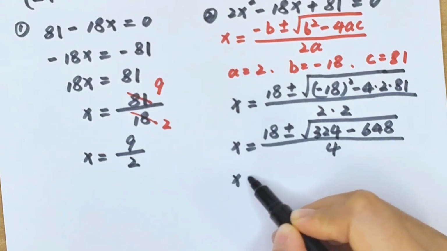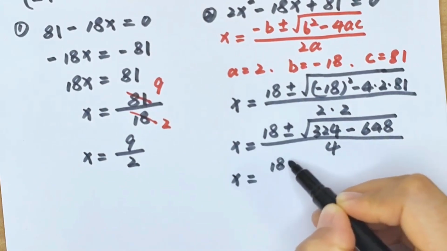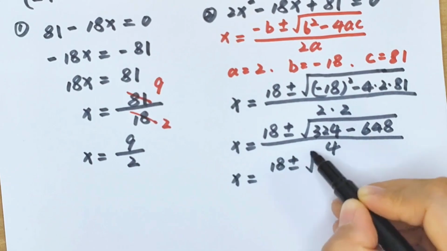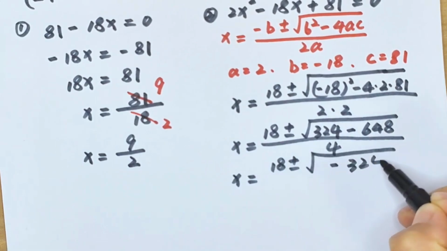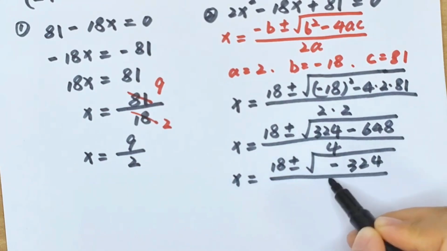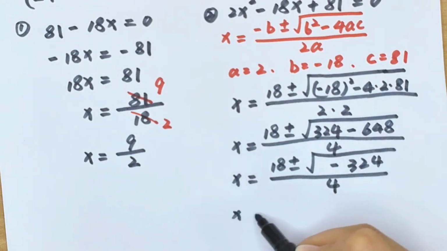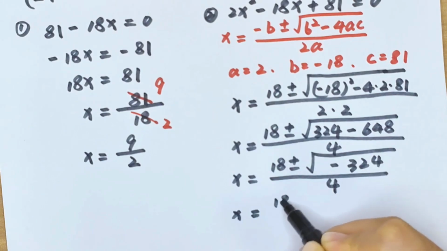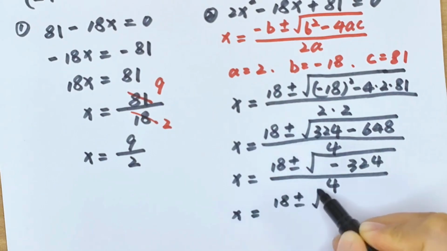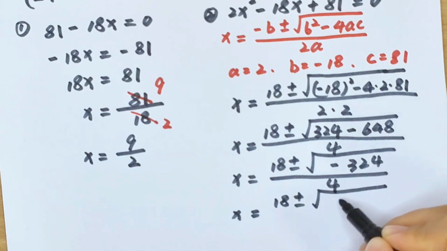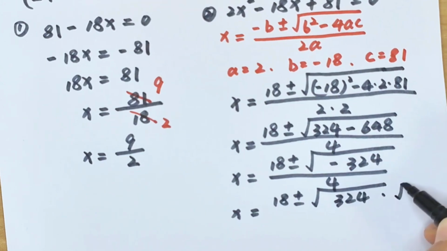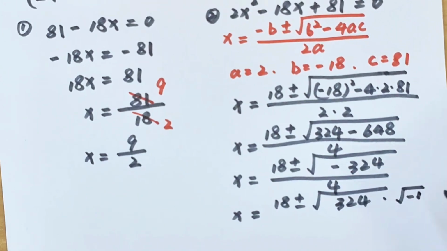So x equals 18 plus or minus square root of negative 324, divided by 4. This part can be written as square root of 324 times square root of negative 1, divided by 4.